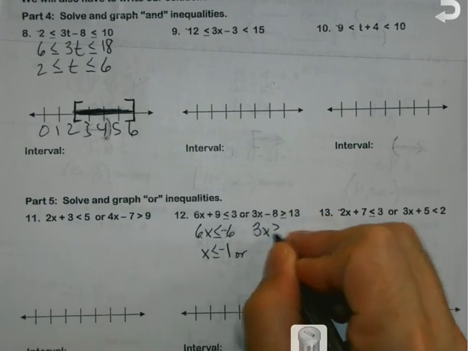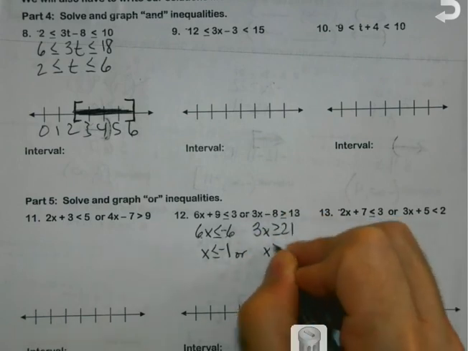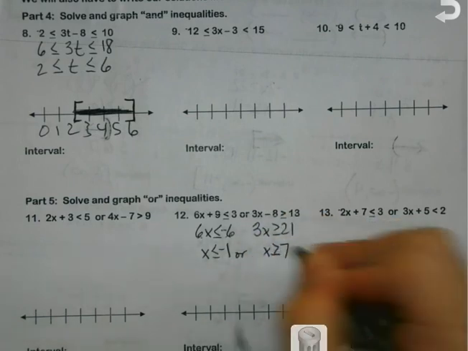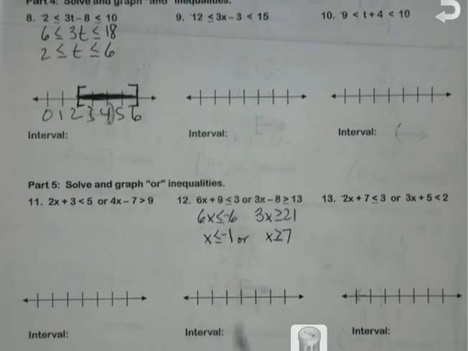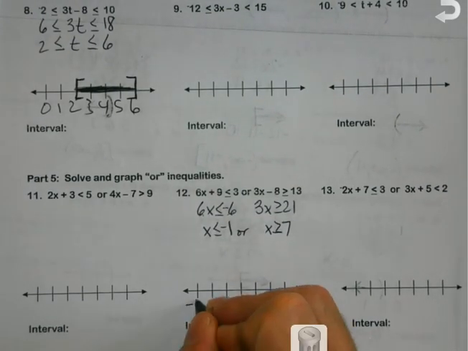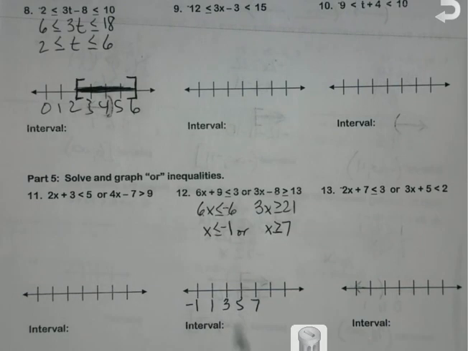Add my 8 over. Okay, so I've got my values. Now I notice I don't think I have enough lines for all of these. So this time maybe I'll count by 2's. So maybe I start with negative 1 and I just decide I'm going to go every other value. Perfectly fine.